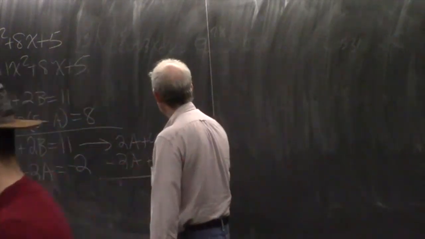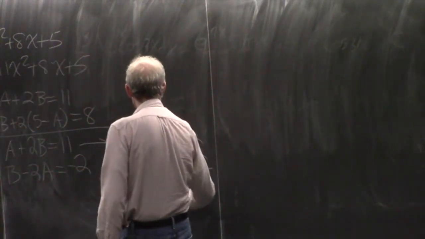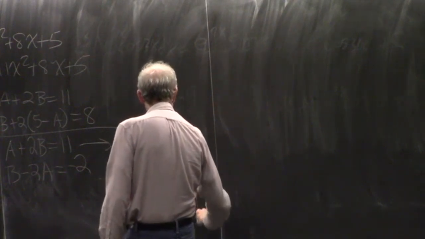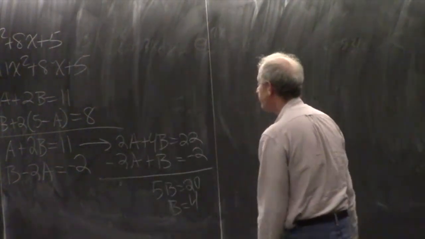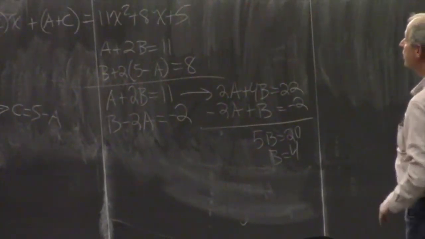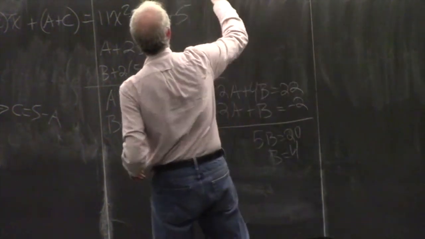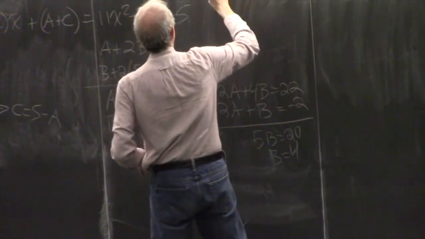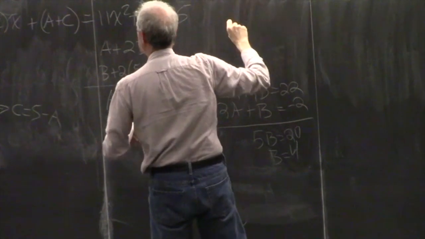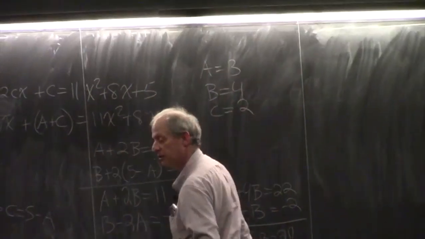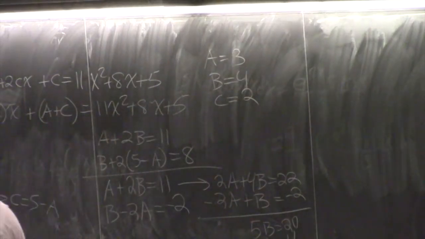And now when I add them, I get 5B is 20, so B equals 4. Now that we know that B equals 4, we can go find the other two things. So A plus 2B is 11, so A equals 3, B equals 4, and C equals 2. How are we doing that?